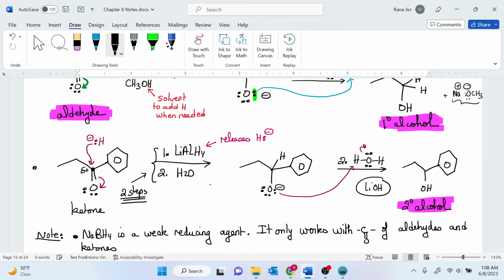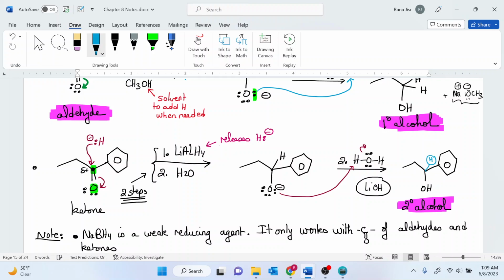So in this case, OH is not a bad leaving group because when it leaves, it has a metal that is balancing it out. So your product here is going to be a secondary alcohol. So what I did here is I added a hydrogen to this carbon and a hydrogen to this oxygen, and I removed the double bond.